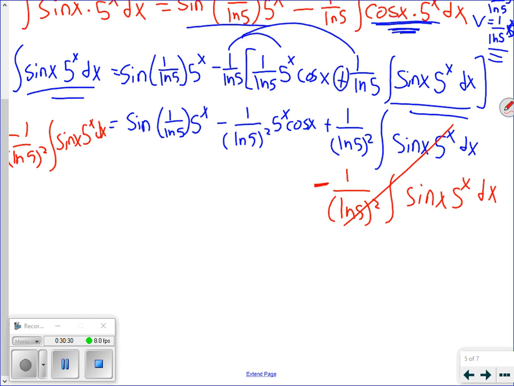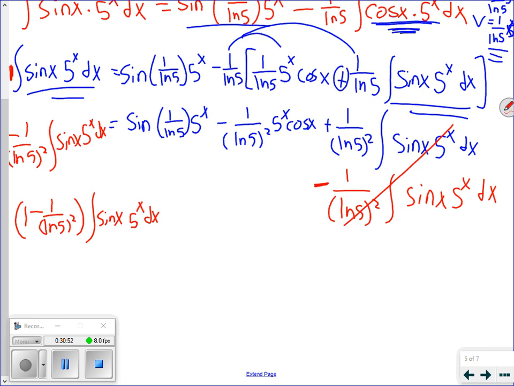If I add those together, it's like one of these integrals minus 1 over ln of 5 squared of those integrals. I'm going to be left with, combining like terms, 1 minus 1 over ln of 5 squared, integrals of sine of x 5 to the x dx. I just combined like terms there.